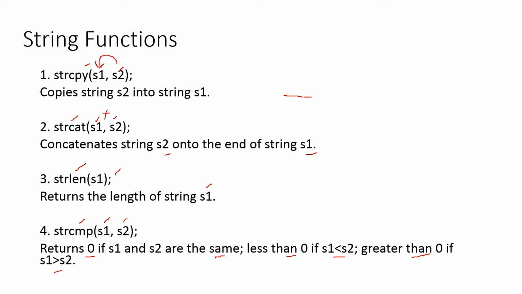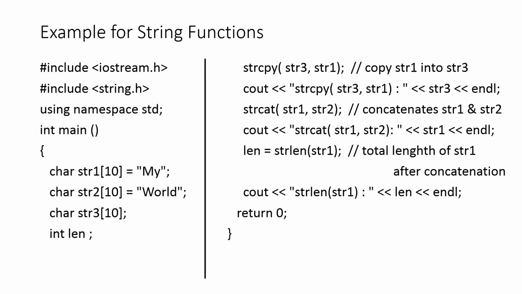So these are some of the important functions of string. Here is an example of string functions. As usual, hash include iostream.h, and with that, we have to write string.h. Then using namespace std, int main. See this, char str1 of 10 is equal to my.